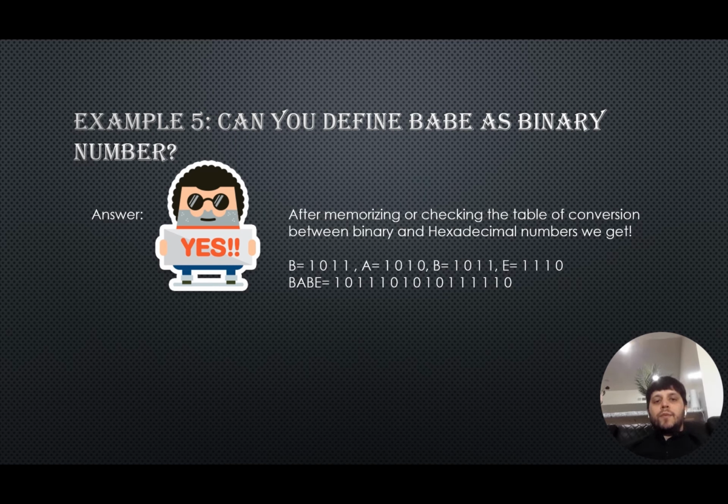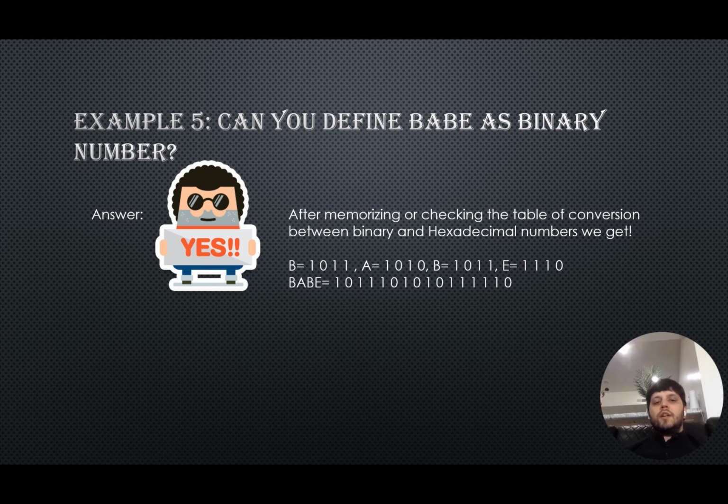After memorizing or checking the table of conversion between binary and hexadecimal numbers, we get B is equal to 1011, A is equal to 1010, B is again 1011, and E is 1110. If you combine them all together, you get B, then A, then B again, and E last.